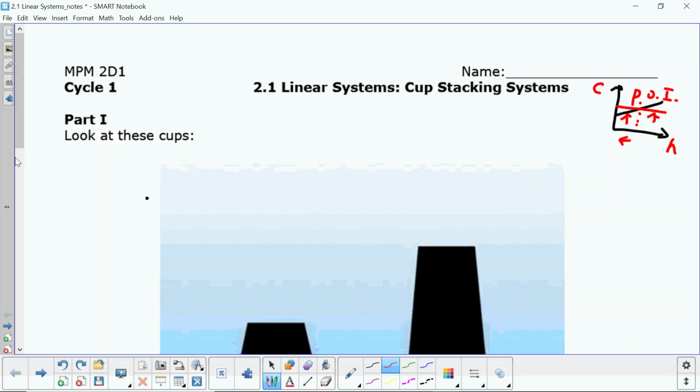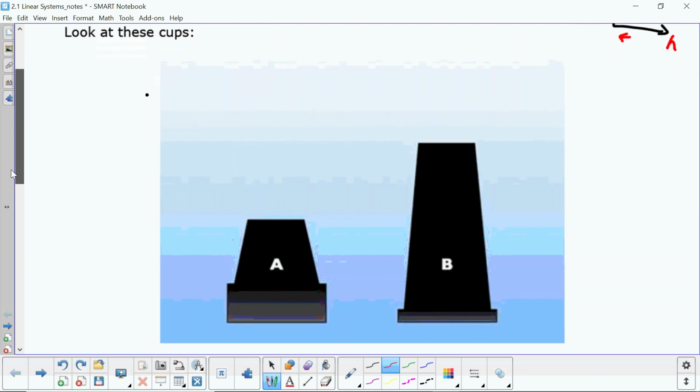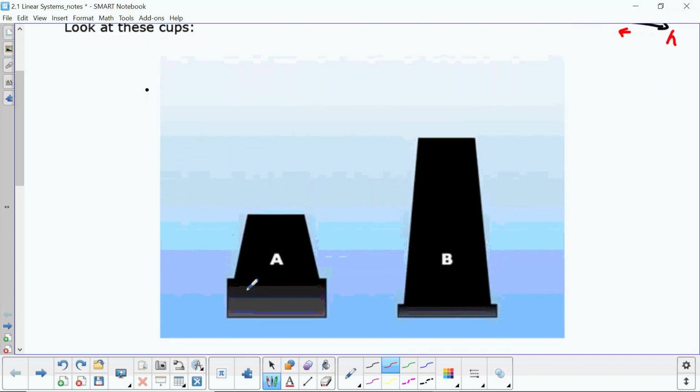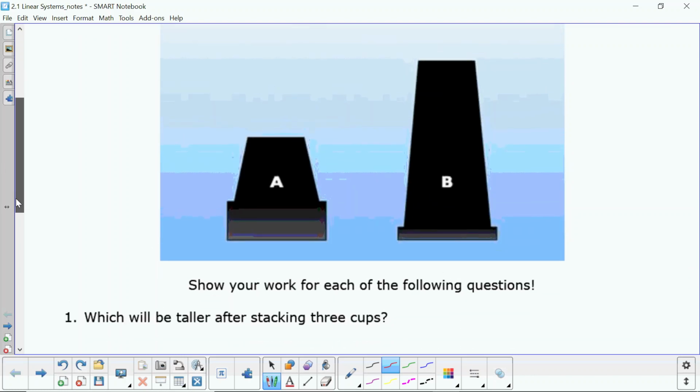And today we are going to do an investigation by using the cup stacking systems. So look at these two cups. We are not going to use real cups here, so we are going to just use these virtual two cups. The first question will be, which one will be taller after stacking three cups?